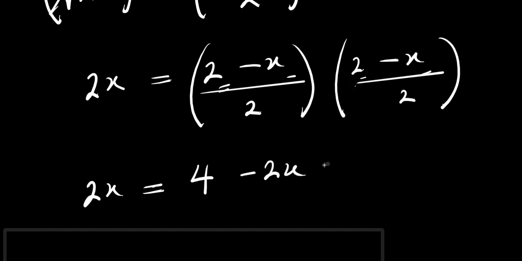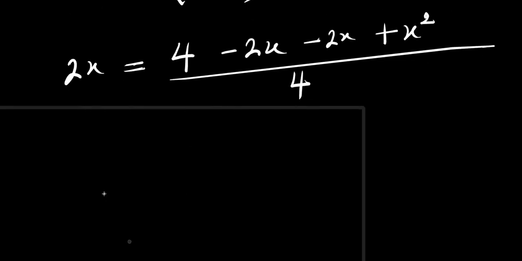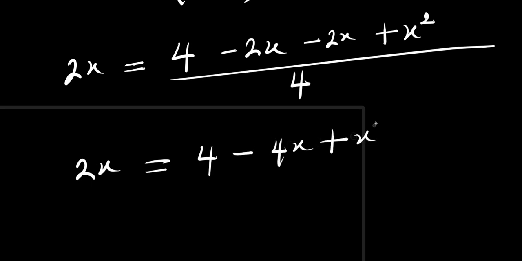Minus x times 2, we have minus 2x. Minus x times minus x, we have plus x squared, divided by 2 times 2, we have 4. So from here, we have 2x equals (4 minus 4x plus x squared) divided by 4.